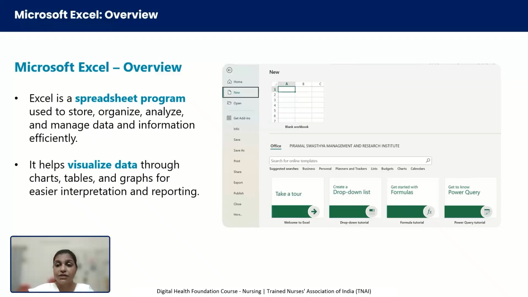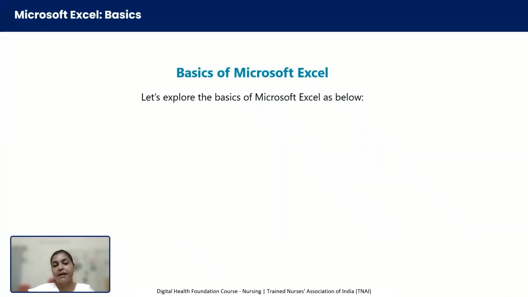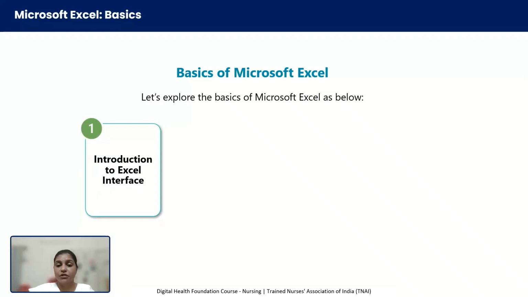From here, users can start with a blank workbook or choose templates for common tasks. In the next slide, we'll explore how to create a workbook, navigate worksheets, and build simple tables. Let's walk through the basics step by step. We'll begin with an introduction to the Excel interface by understanding the layout, menus, and key functions.